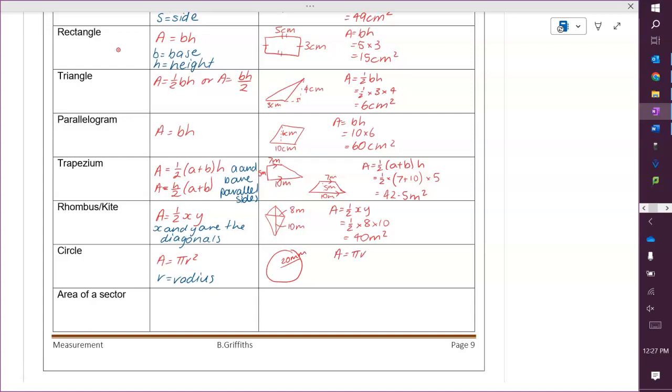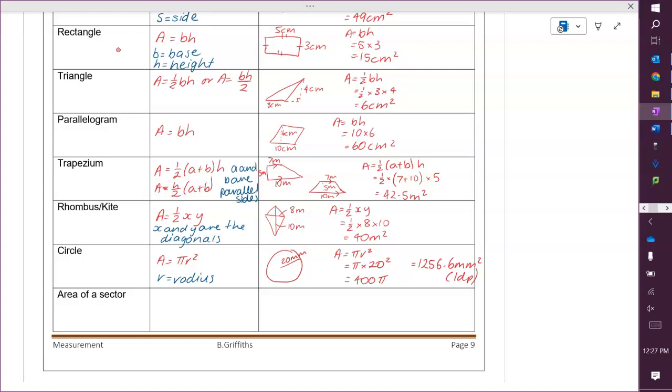So pi r squared, pi times 20 squared. And we put that into our calculator and we end up with either 400 pi. Now this is what we call our exact value. If a question asks for an exact value, that's how you leave it. Otherwise, you can round it to the specified number of decimal places. And that is to 1 dp.